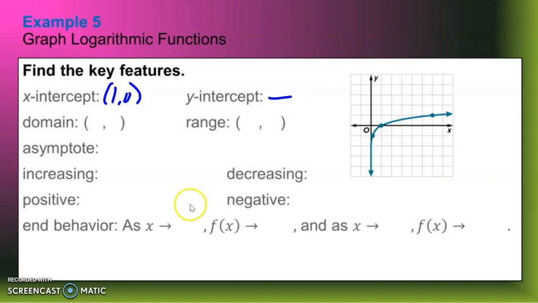I have a 0, which just means it can't equal 0, and then it goes to positive infinity. Or you could just say that the domain is x is greater than 0. The range: you can see that it continues to go up and it continues to go down. So we would say negative infinity to positive infinity, or you could say y is all real numbers.